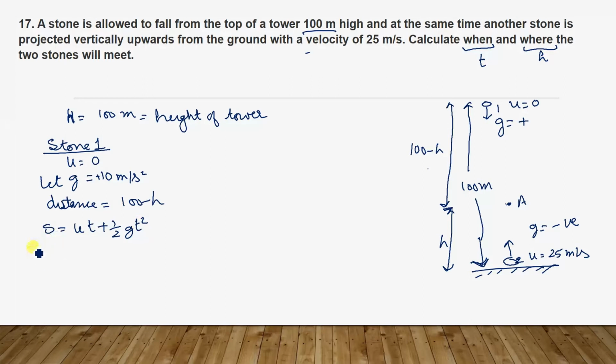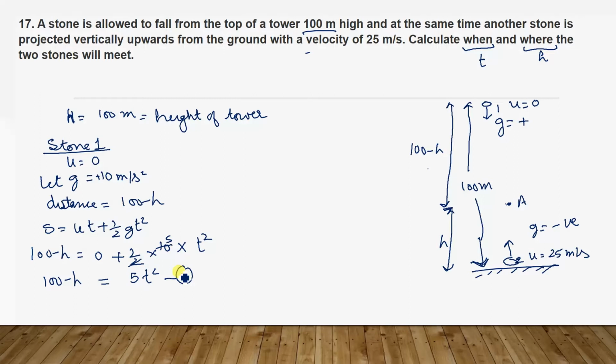Here distance is 100 minus h. Initially it is thrown, so we'll take u as 0, half, g will be 10, and time is to be calculated. So we have 100 minus h equals, after cancelling, 5t square. Let it be equation 1.